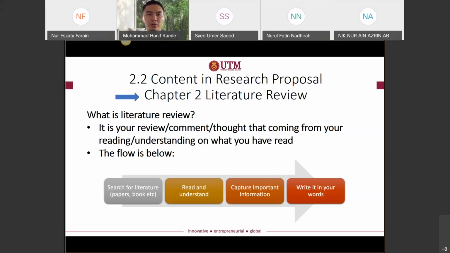For this chapter you have to review the papers and books, for example. If you are doing a device, you have to study the existing device from the manufacturer.